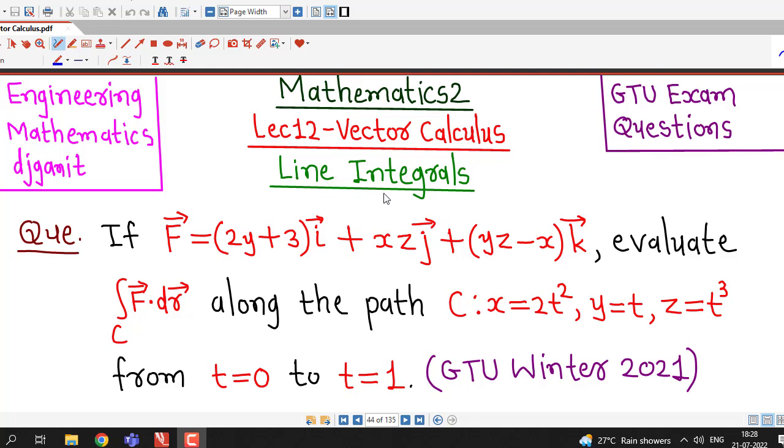From the last 2 or 3 lectures we are discussing line integrals. We have discussed how to evaluate the line integral of a vector field f bar.